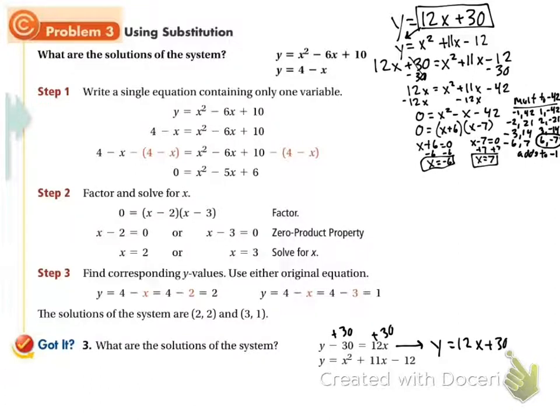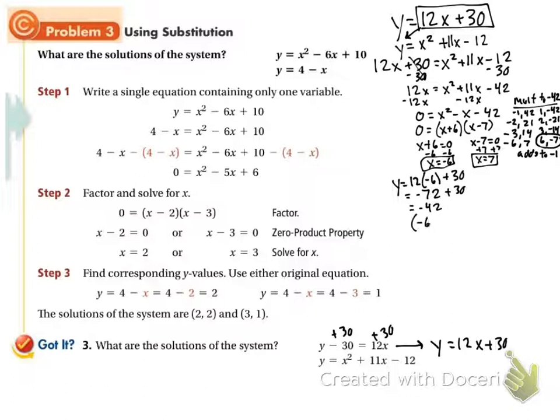Not done yet, right? My answers need to be a point. I need an x value and a y value. So then I got to plug back in. So y is equal to 12 times negative 6 plus 30. 12 times negative 6 gives me negative 72. And if we add 30, we get a negative 42.